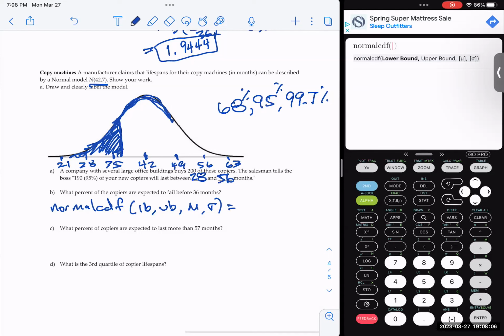And so when I do this for this problem, I'm going to put in what for my lower bound? This is a little tricky. Yes, I would put in negative. So the theoretical model stretches to negative infinity, and our calculators don't have a negative infinity button. So we just use a really, really tiny number.